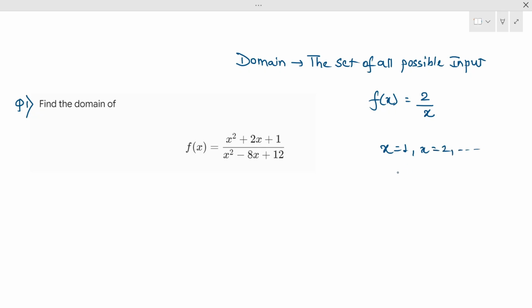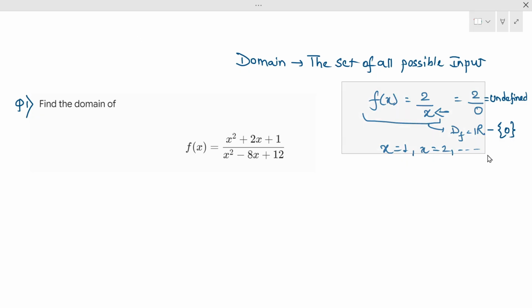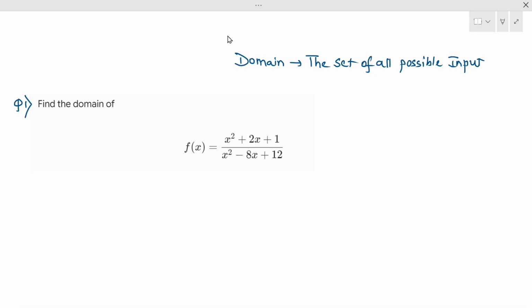But can it take 0? Can we put 0 here? No. Because if I put 0 here, 2 by 0 will be undefined, right? That means for this function the domain will be all real numbers except 0, right? Yes. Now check, where will this function be undefined? When the denominator is going to be 0, right?